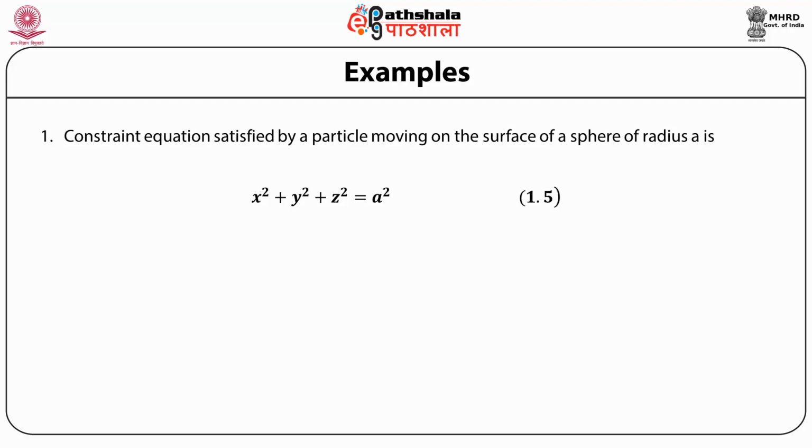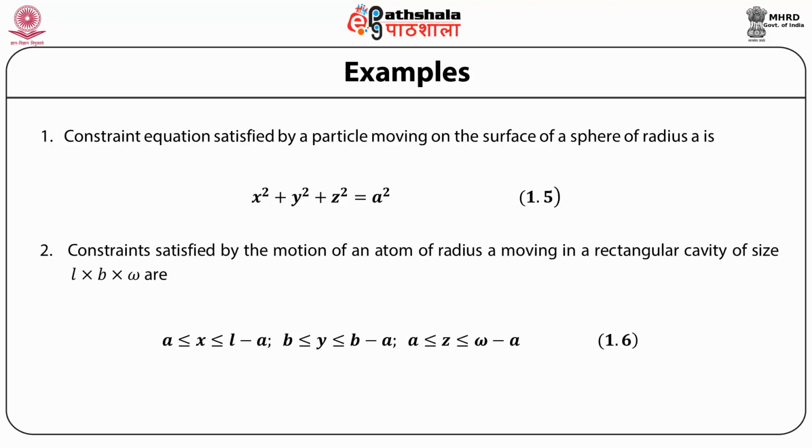Let us assume that a particle is confined to move on the surface of a sphere of radius a. Then the Cartesian coordinates of the particle would satisfy a constraint equation x square plus y square plus z square is equal to a square. This constraint is given in terms of an algebraic equation, and therefore the constraint is holonomic.